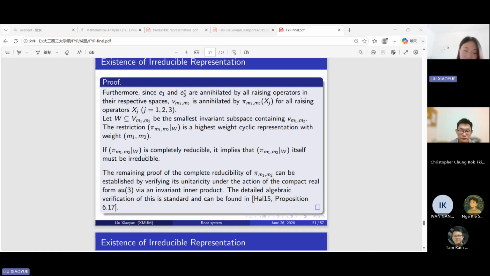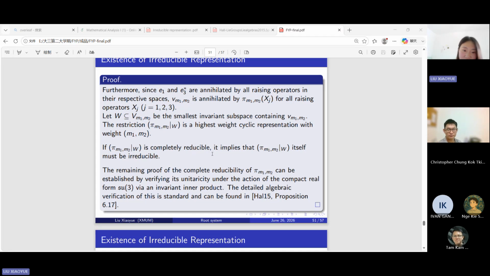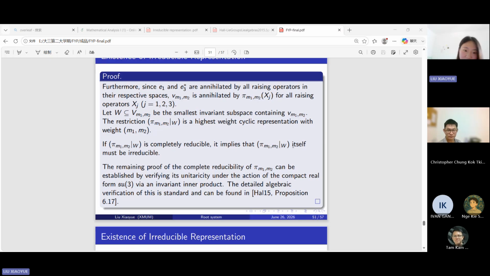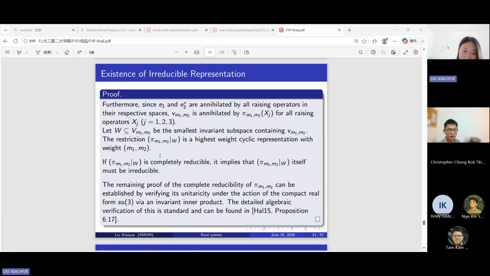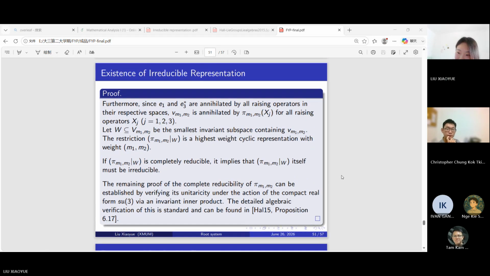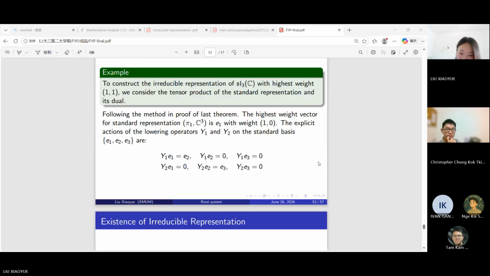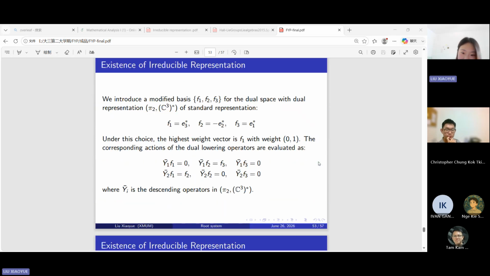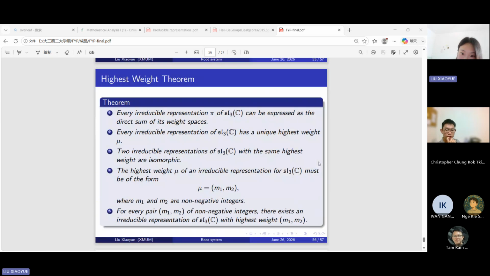The next work is to prove that pi (m1, m2) restricted to V is completely reducible, and then we can prove it is irreducible. The remaining proof is about unitary matrices, and it can be found in the textbook. Then all is done. Thank you.